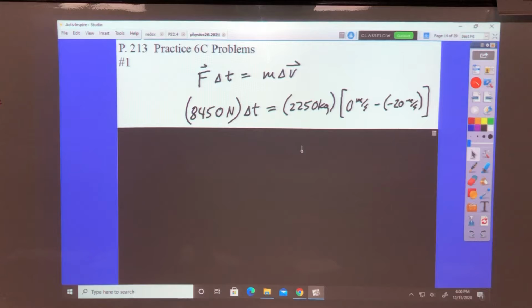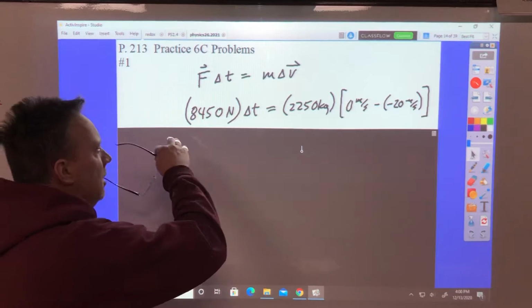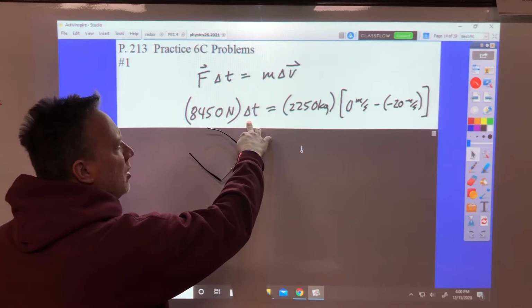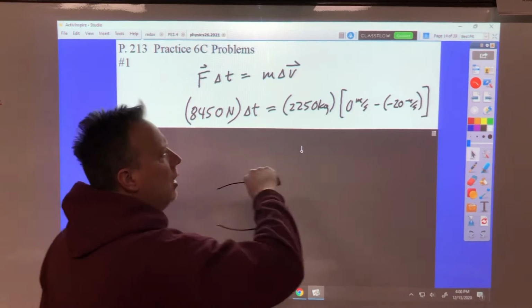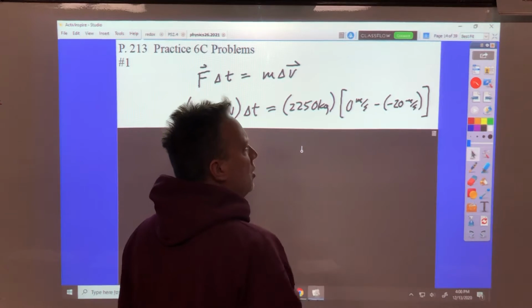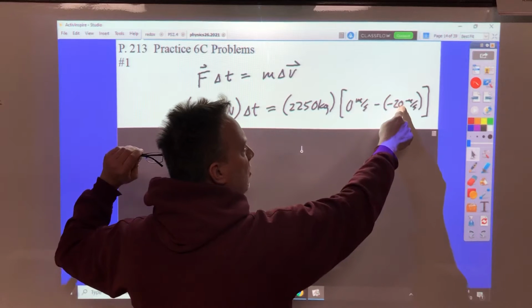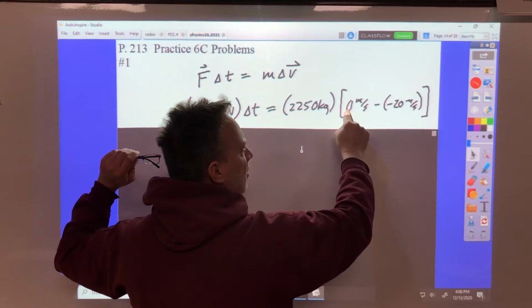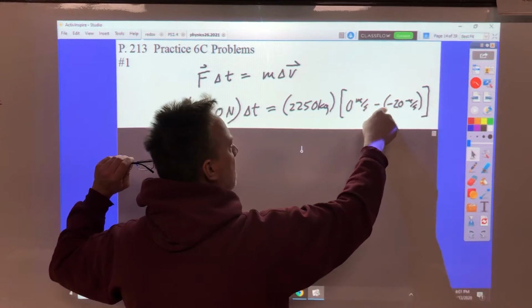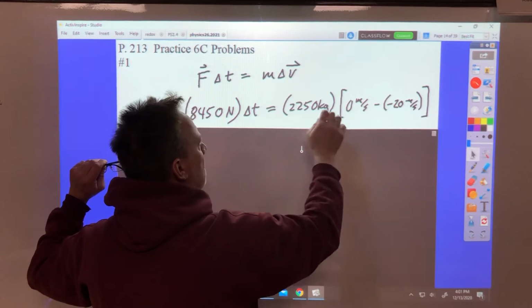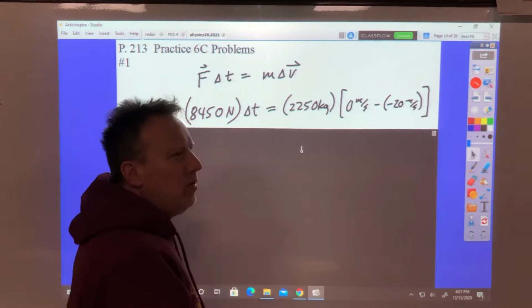Okay, so apparently you have to take the force, and we're looking for the time. It was going at 20 meters per second to the west, which I called negative. That's my initial velocity. So my final velocity is 0 minus initial velocity for delta V. So that's going to come out to be positive, and my mass is 2250.